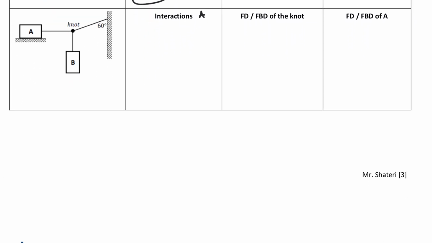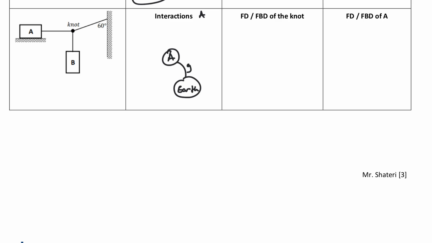We'll do this one. And in this one, we got interactions of A. Let's look at it. It's interacting with the Earth, and that's through gravitation, and it's interacting with the little rope here to the nut.